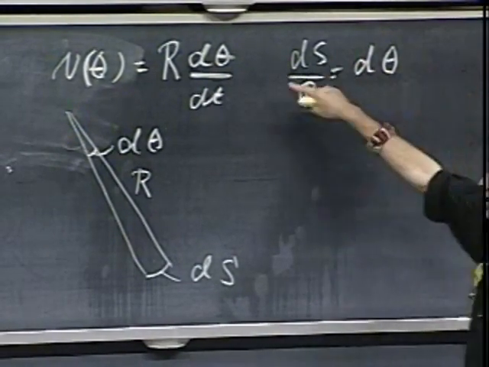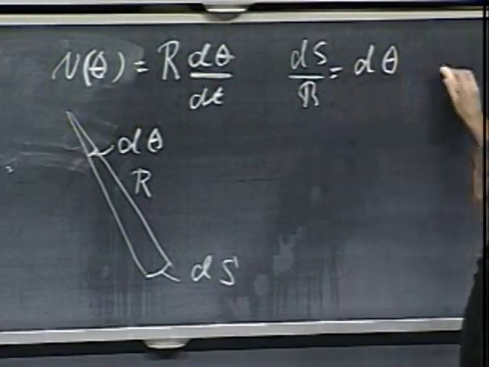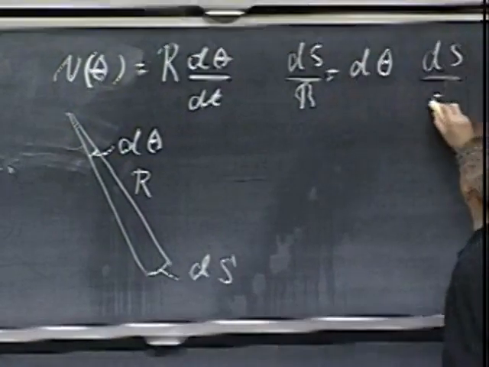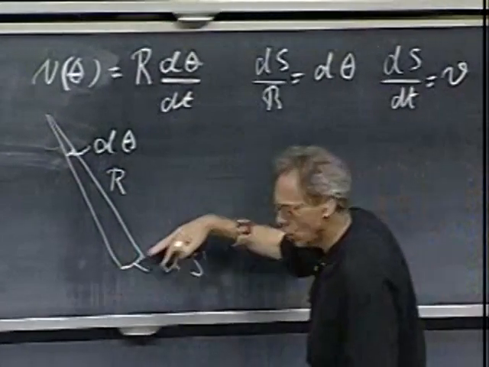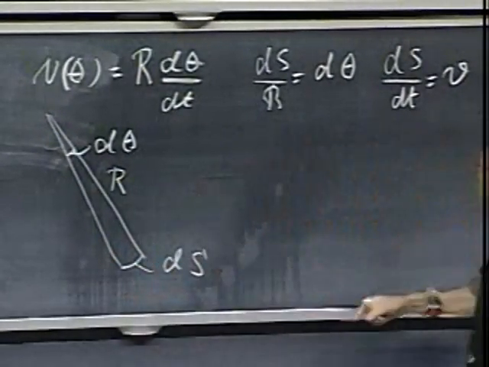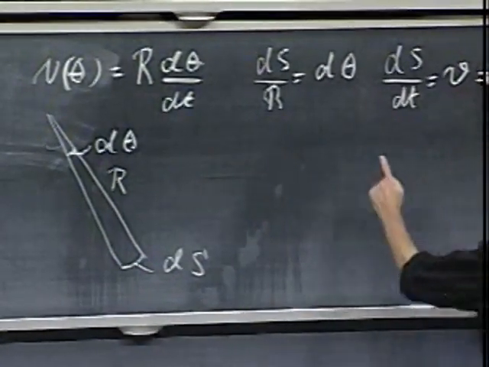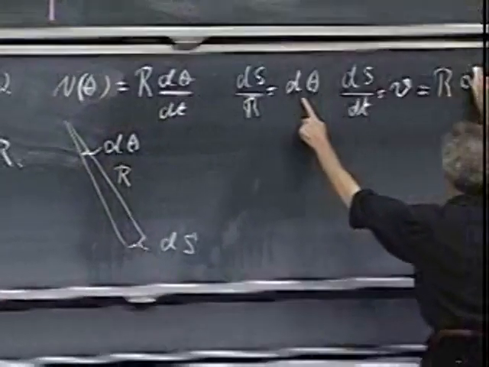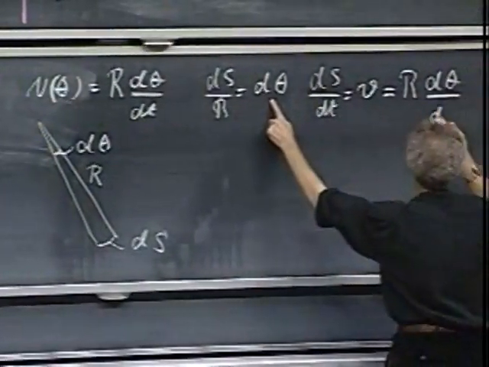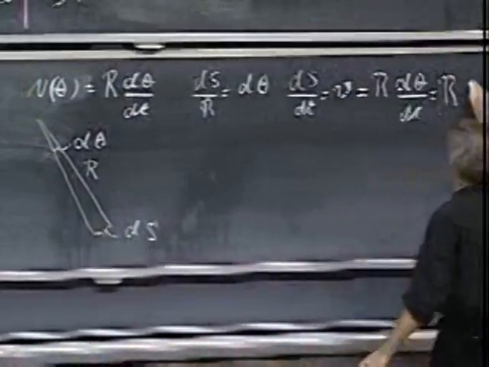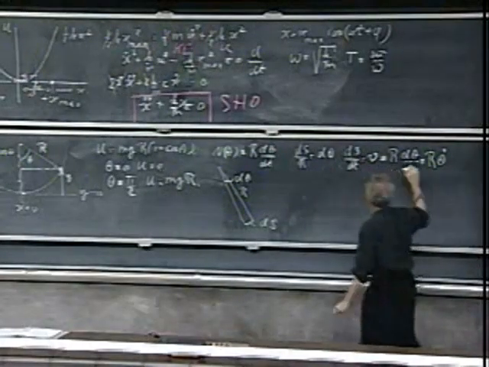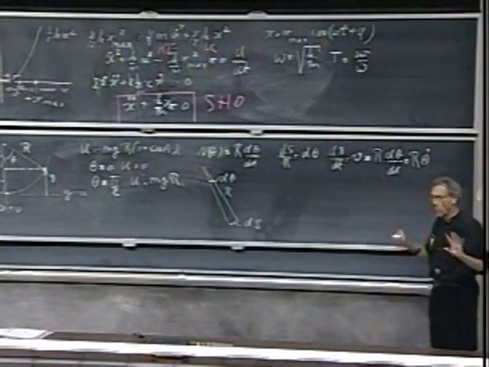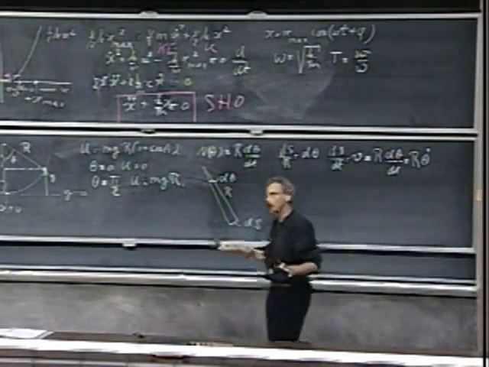So I take the time derivative, left and right. I get ds/dt, which, of course, is the tangential velocity along that arc, equals r times d theta/dt, for which you can write r theta dot. d theta/dt is sometimes called omega, which is the angular velocity.